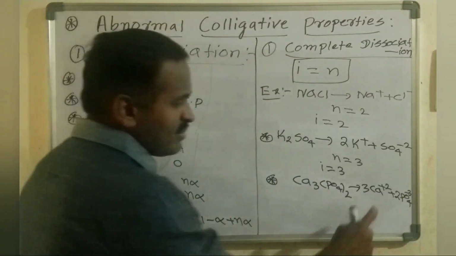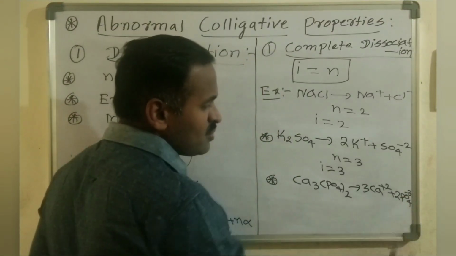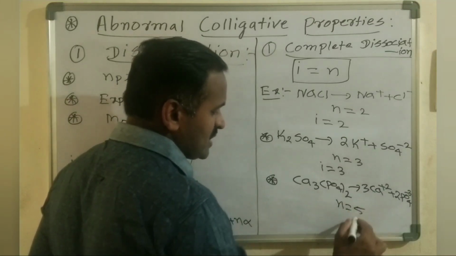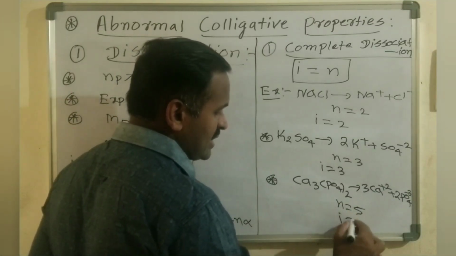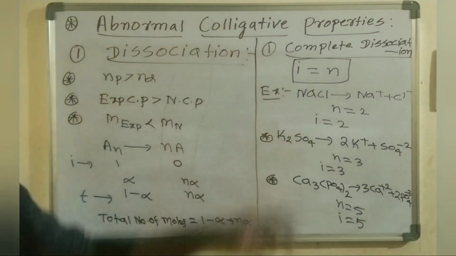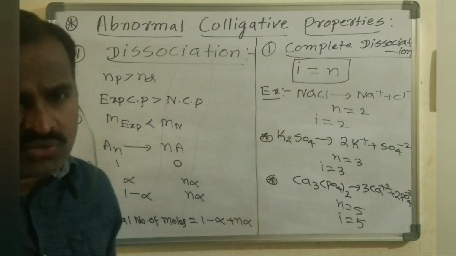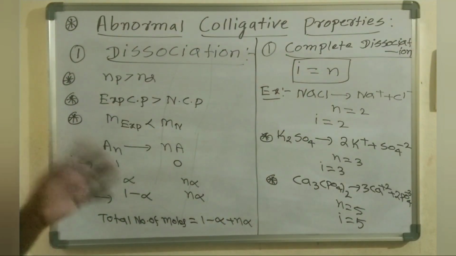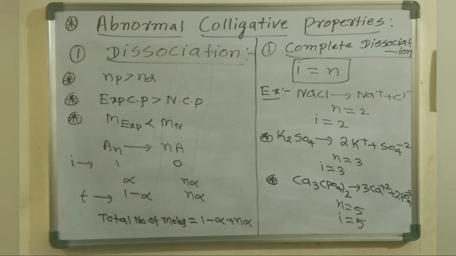So 3 moles of calcium ion and 2 moles of phosphate ion, total n is equal to 5, so the Van't Hoff factor i is equal to 5. Whenever complete dissociation takes place, the Van't Hoff factor i is always equal to the number of moles of solute particles formed.